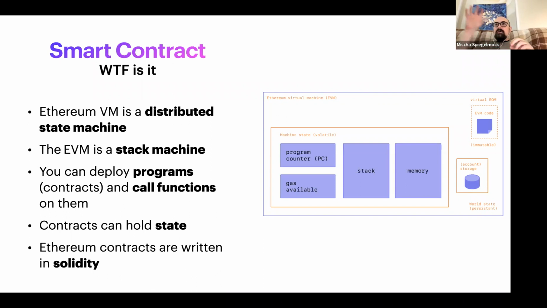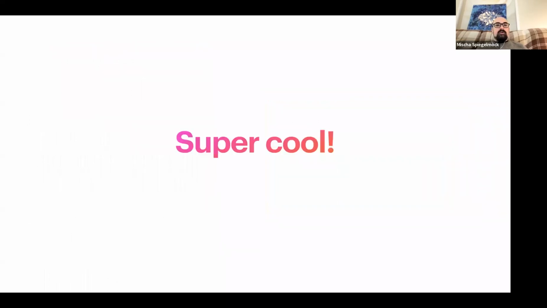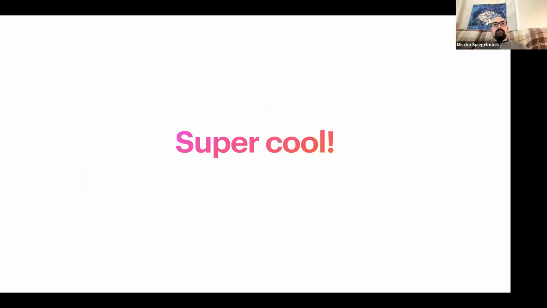You can upload these programs, they can call each other, they can export functions, and they can maintain some state as well, both internal and externally visible state. And these are generally written for Ethereum in a language called Solidity, which we'll take a look at. So why is this interesting? Who cares? Well, this is actually a really cool thing that we have this worldwide VM.